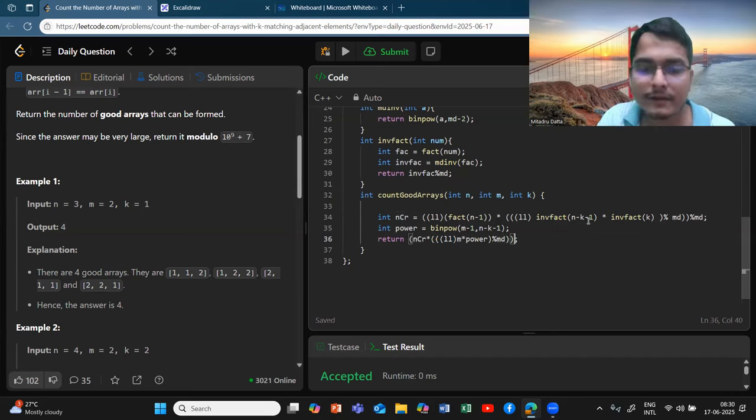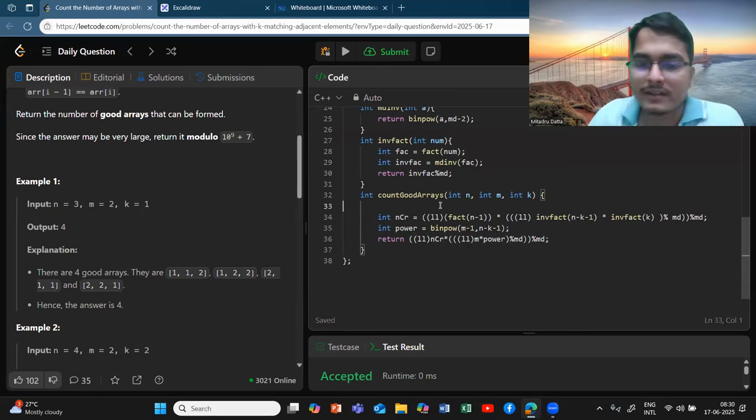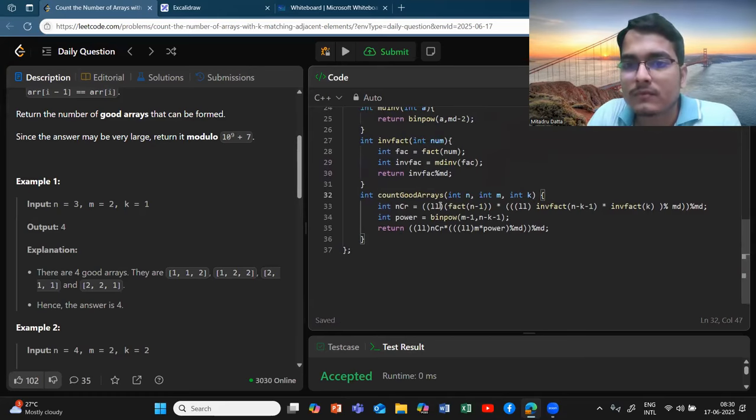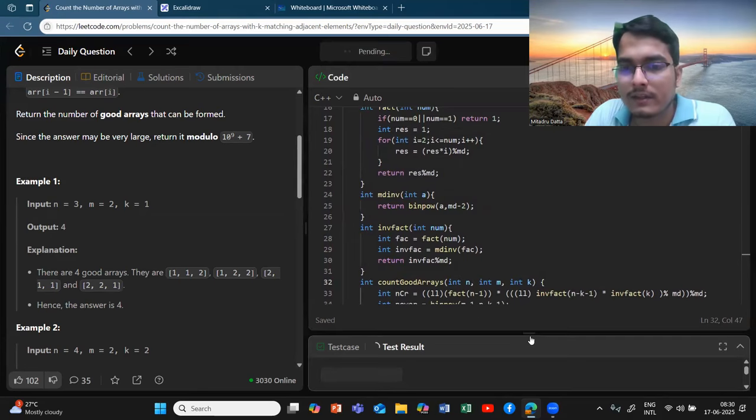You do get it, right? These mods and long, you cannot forget, otherwise there will be errors. So you have the result, I guess. You have M, you have power, you have everything with you. Let's try to run it and check if there is any error.